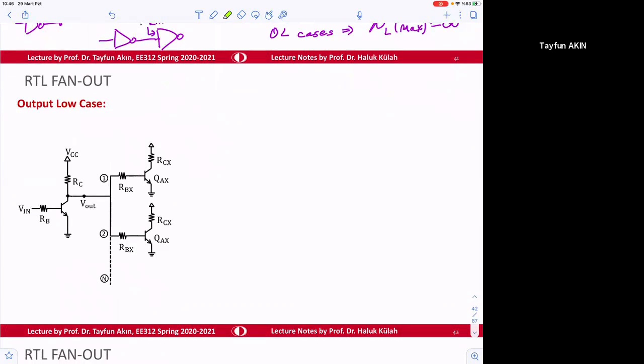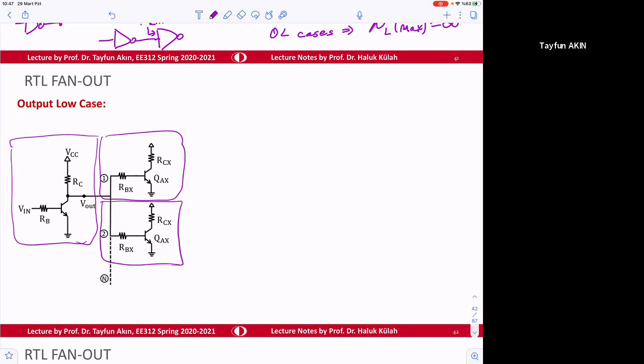So for output low case, we need to understand and analyze this thing. This is one gate, and then this is the second gate, and then these are the two gates that are connected here.